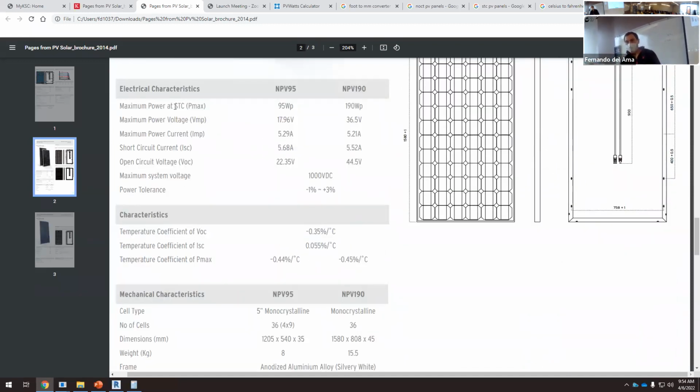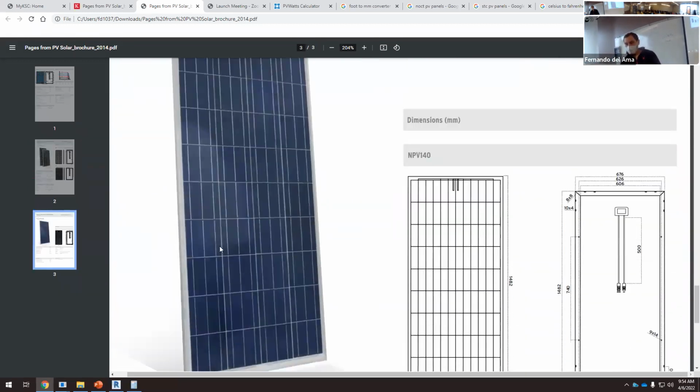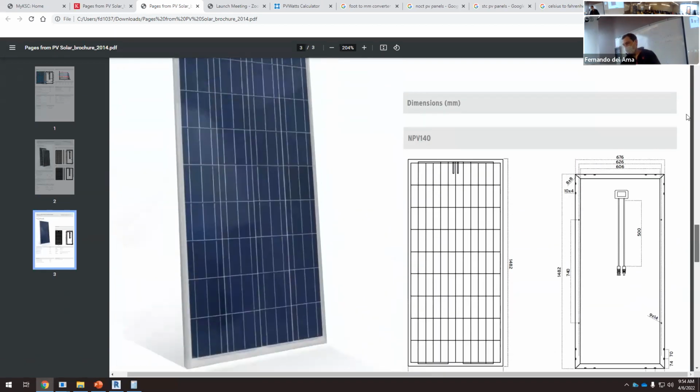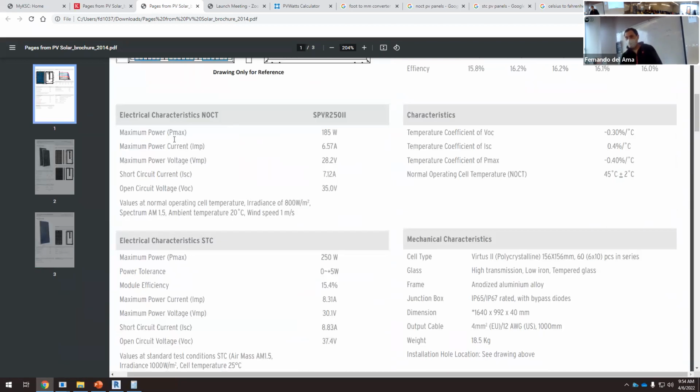Okay, so we have maximum power at STC, and in this one, we have NOCT conditions. But when we have this, what is the nominal operating cell temperature? They have to let us know what the temperature is, because it can be different. They have tested their panel at this temperature. They think, okay, in summer the temperature will be something like that.